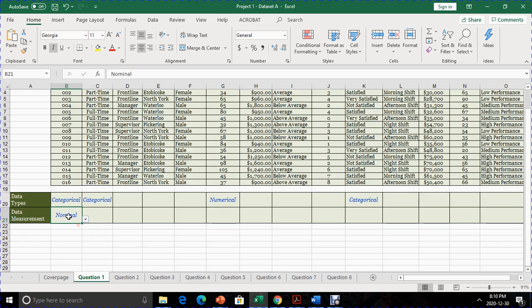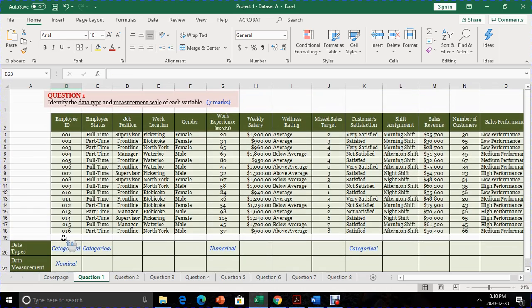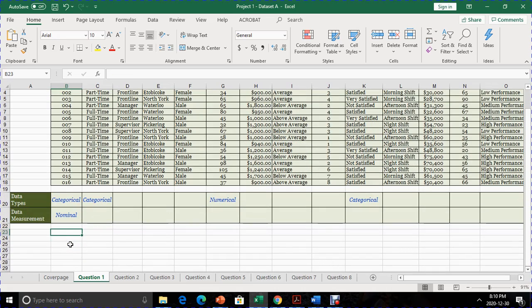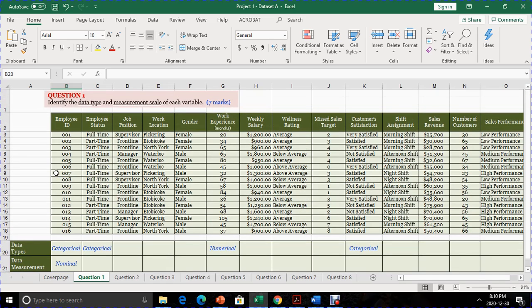In this case, this is going to be nominal, because the distinction between nominal and ordinal is that with ordinal, the categorical values can be ranked. In this case, you can't rank them. They are just unique different numbers. There's no ranking or quantity to it that tells you one value is more than the other. It just tells you unique different numbers, which are called ID numbers, right?